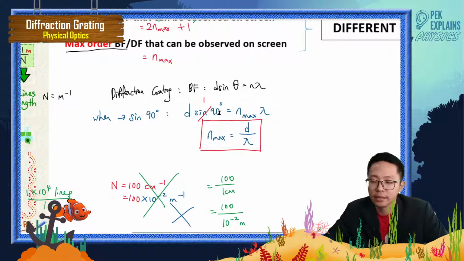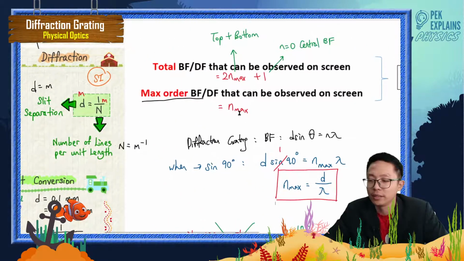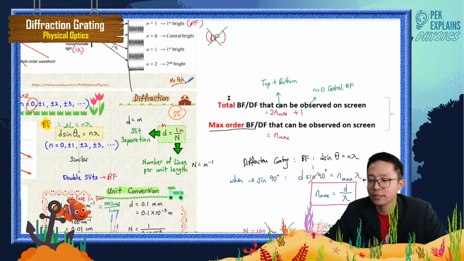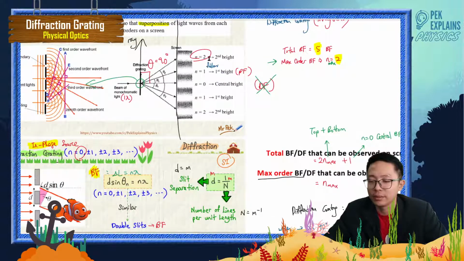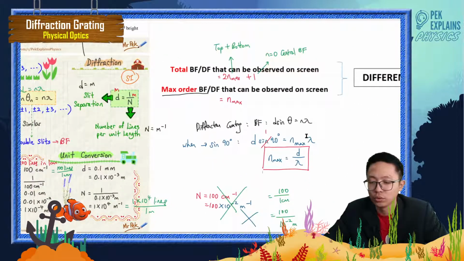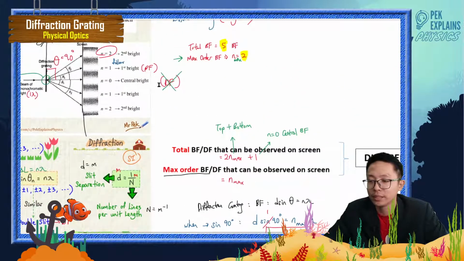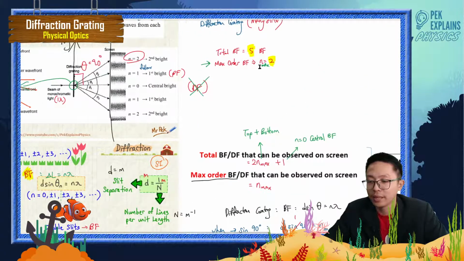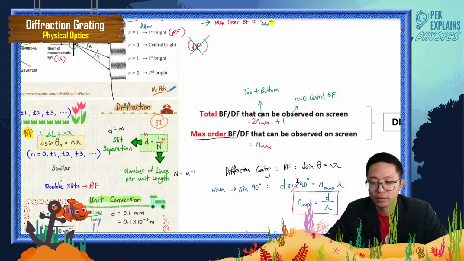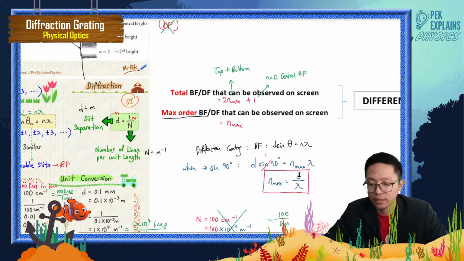When sine is 90, let's say the maximum order I got for this example is 2. I use the formula d over lambda, and I calculated my n max equal to 2.